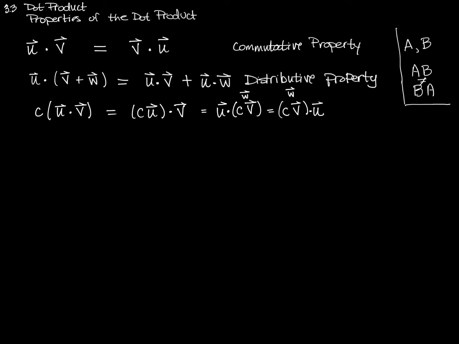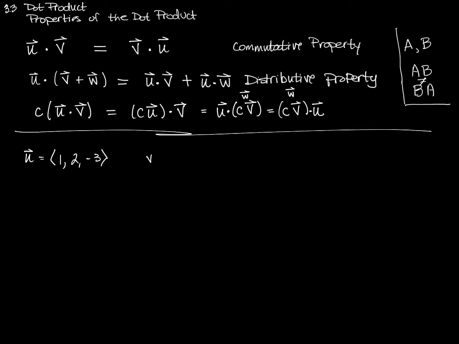Let's take a look at a couple of examples. Let's let u equal 1, 2, -3, and v equal -2, 0, 1. u dotted with v is going to be 1, 2, -3, dotted with -2, 0, 1.